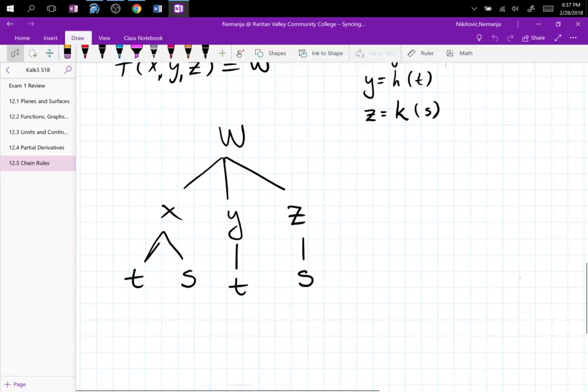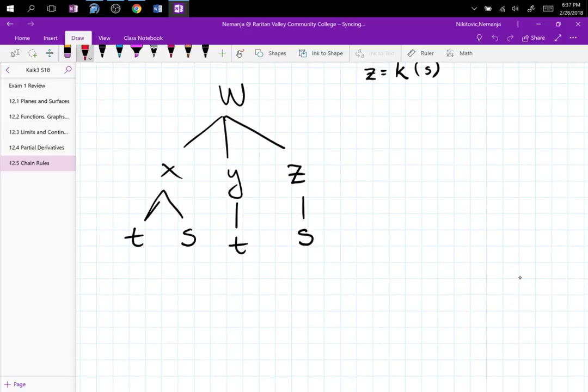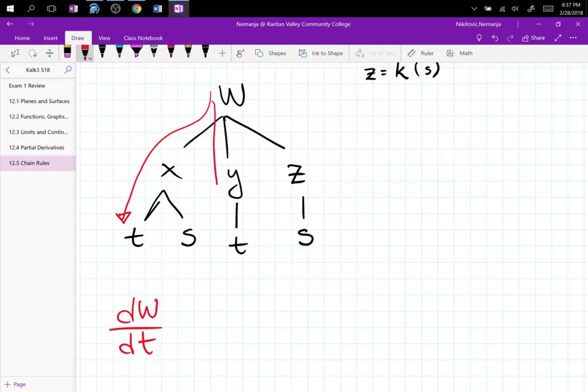All right, let's write the first formula. Let's say I want dw dt. Remember, start at w in the numerator, end with t in the denominator. So there is a path 1 ending at t and a path 2 ending at t. Observe that z does not depend on t. I'm not going to waste my energy writing anything there. Great. Branching. Partial w, partial x, times branching on x, partial t.